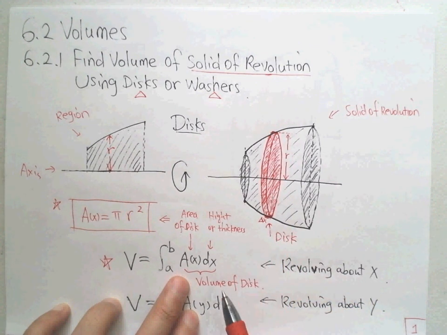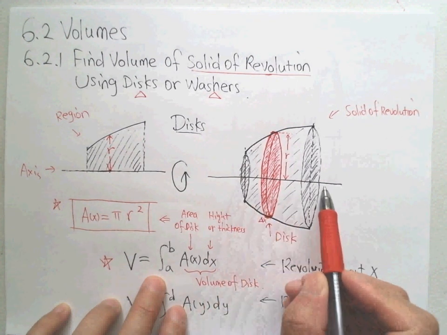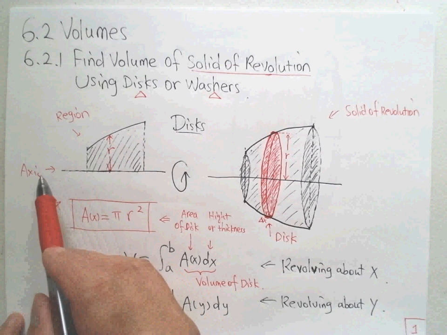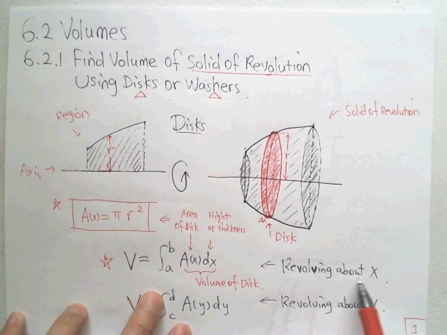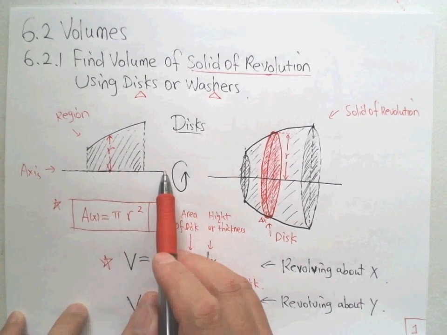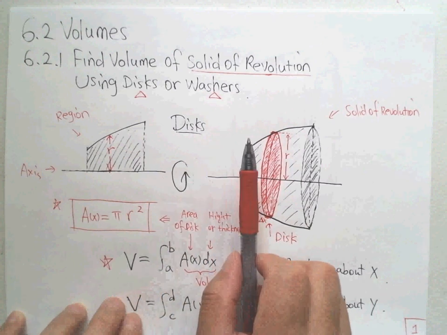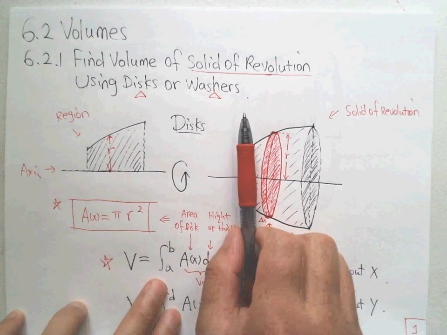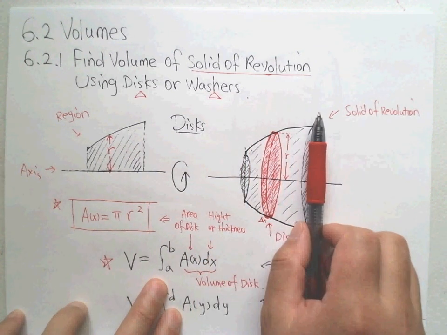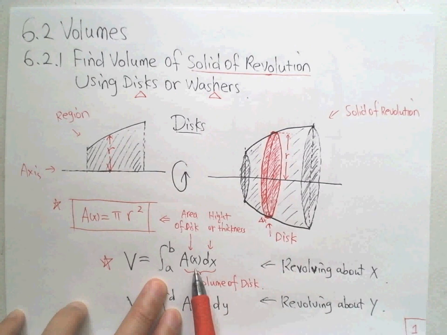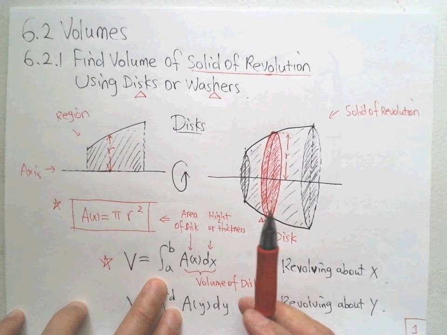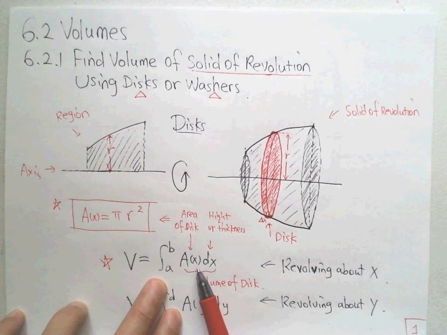Then integrate from the left to the right. First we say the axis is the x-axis. If the axis is the x-axis, we integrate from a, the left, to b, the right. So that's the formula. It's a very easy formula: just find the volume of a disk and then integrate all together.